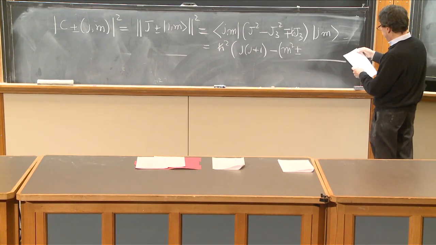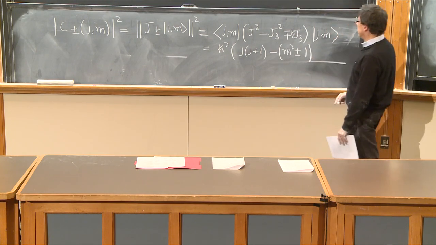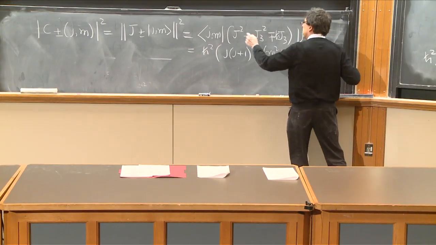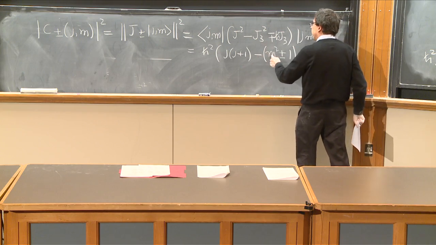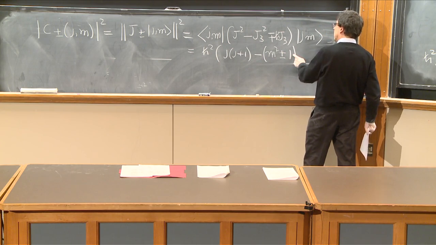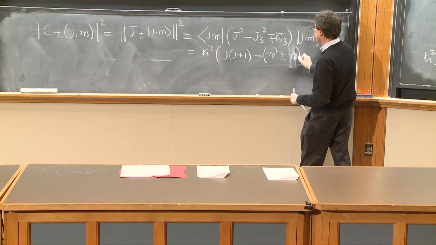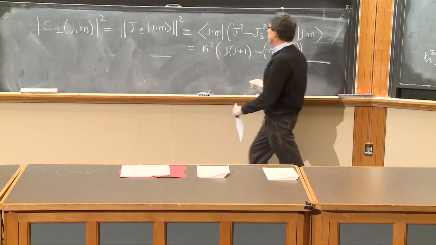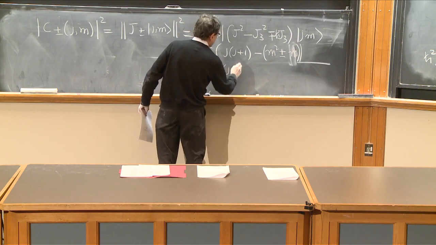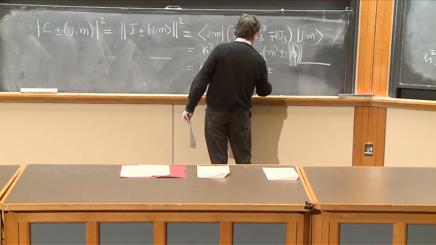Yep, I think I have it correct, plus minus 1, and that's it. J squared is h squared this, j3 squared would give that, and the minus plus here is correctly with this one. So m should be here, plus minus m. So this is h squared j times j plus 1 minus m times m plus minus 1.